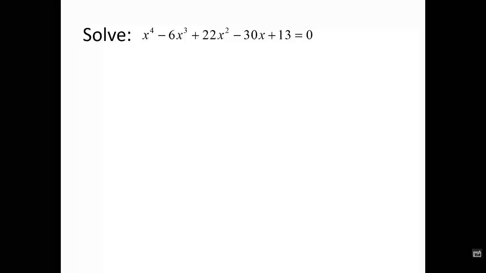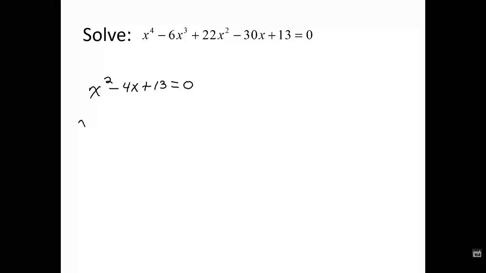So continuing, x squared minus 4x plus 13 is equal to 0. Remember, we said that it doesn't factor. So in order to solve this quadratic equation, we are going to use the quadratic formula.